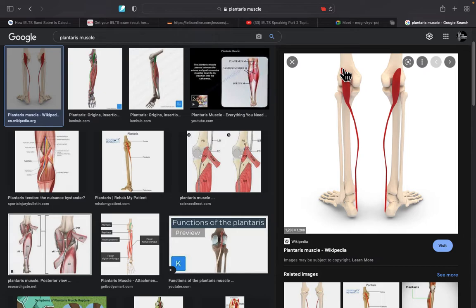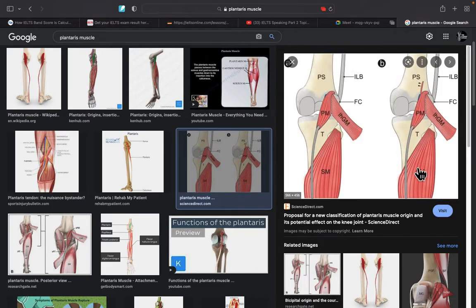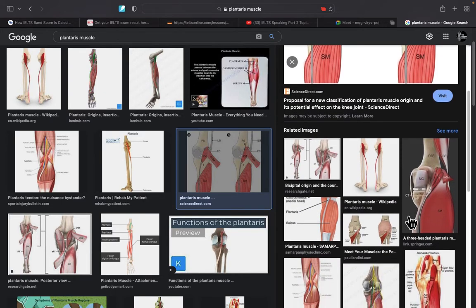But here we can see the origin of the plantaris is on the lateral condyle, and it goes this way and then gets inserted into the tendo Achilles. Likewise, there is another muscle, the soleus. We have seen the soleus. It originates below the soleal line. Here we can see this is the soleus muscle, getting inserted into the tendo Achilles again.